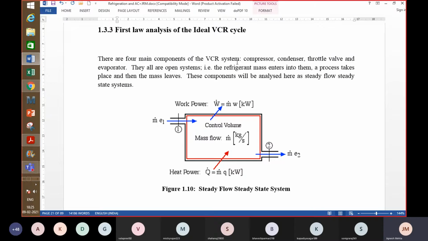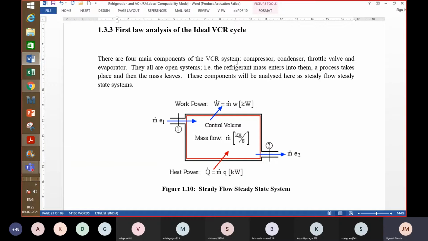Okay, so now let us forget about the reverse Carnot cycle and accept the vapor compression refrigeration cycle and start discussing the analysis of the vapor compression refrigeration cycle, so that we can implement some real systems.